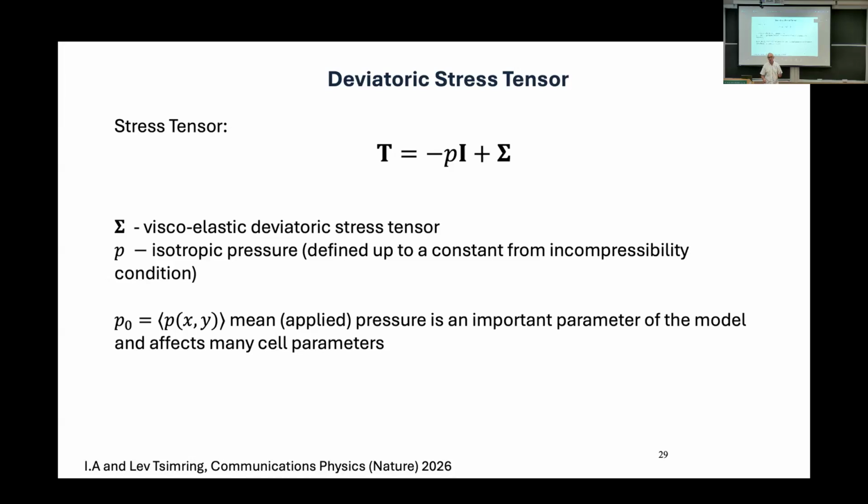For example, if you increase pressure, cells stop dividing, or it also changes the cell-cell adhesion. So pressure is an important parameter. If boundary conditions are periodic, the effective boundary condition is that average pressure should be imposed. It's a control parameter. It's not an arbitrary constant.